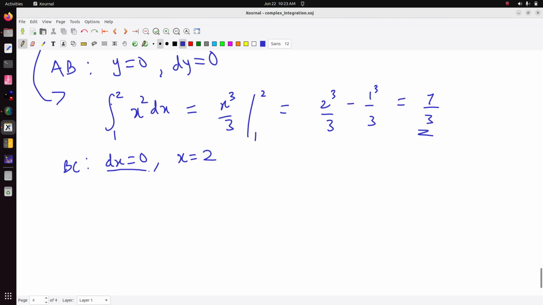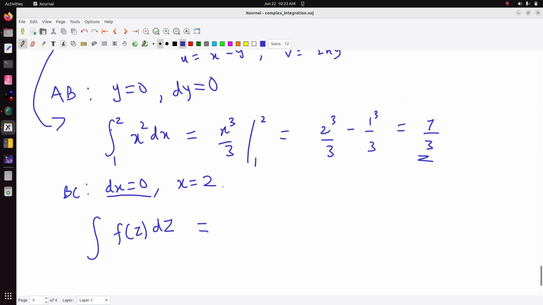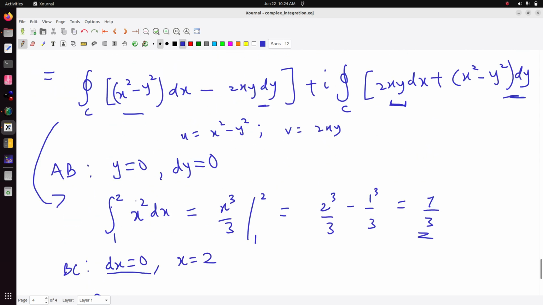So dx in essence is 0, whereas x is just 2. So in this case, for f of z dz, the dx term will go. So this term will go. So let me remove.